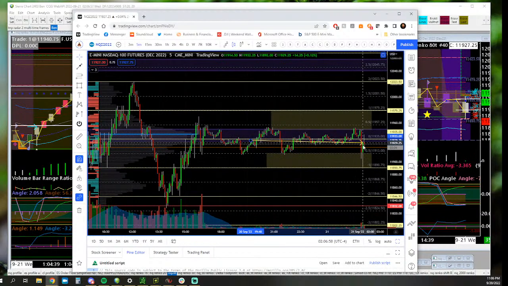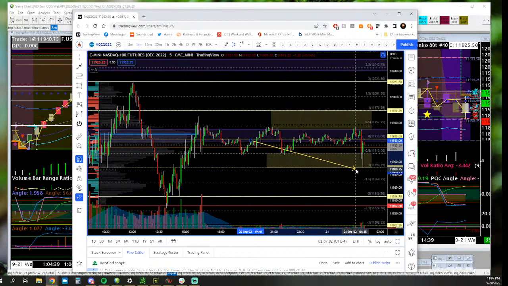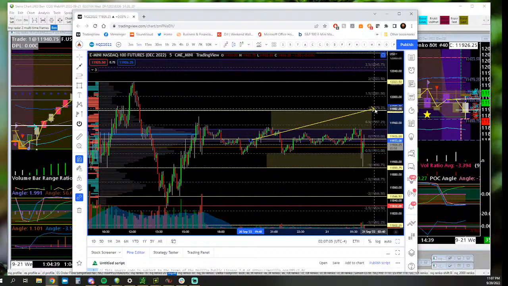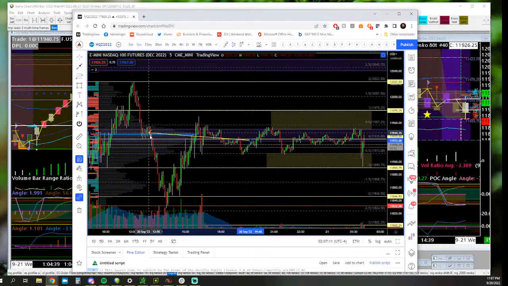A good example of trending behavior would be breaking out beyond one of these Voodoo range levels on the outside and then retesting them from behind, right? So like this, when it goes all the way down, it breaks under a Voodoo range level and then it comes back, tests it, and rejects.